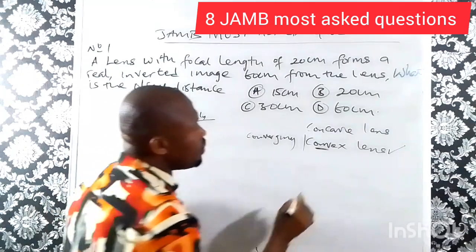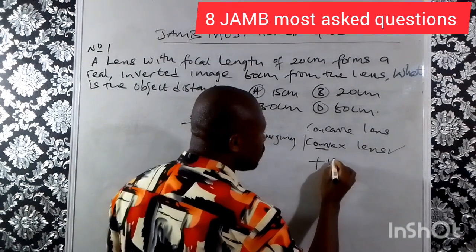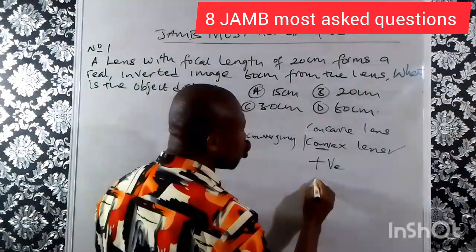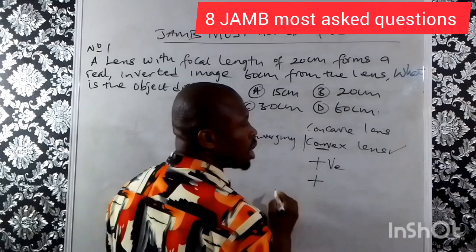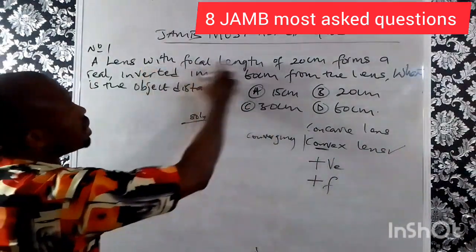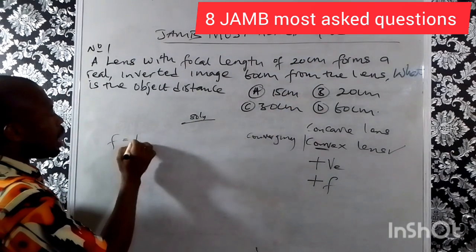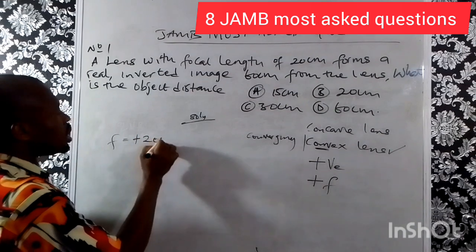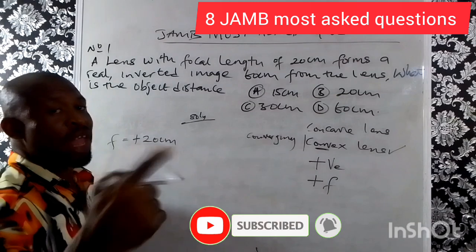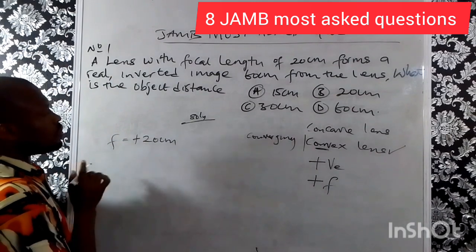And of course, a convex lens produces a positive image, and it has a positive focal length. So because of that, we'll now say that the focal length f is positive 20 cm. Really it's positive, so f is positive.